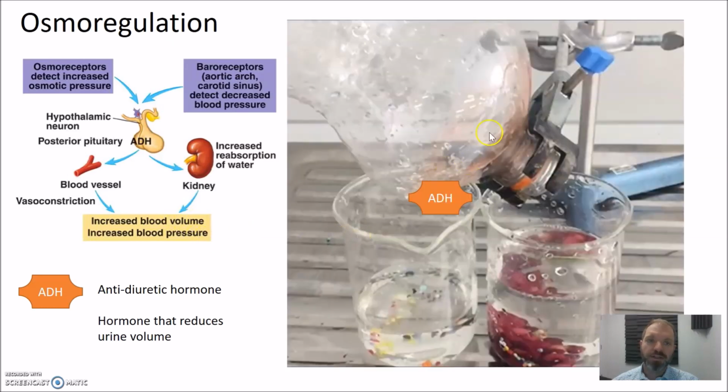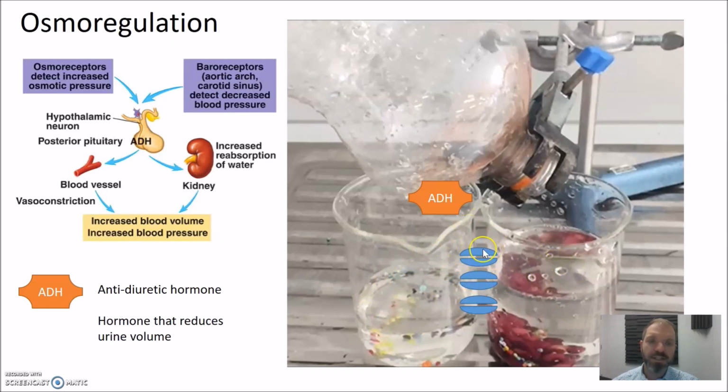So in our model, here's the water, meaning the blood coming in to the glomerulus and Bowman's capsule. That's going to be separated out into the water with wastes and the water with blood cells in it. And antidiuretic hormone controls how much water is in each, how much is being excreted and how much is being reabsorbed.